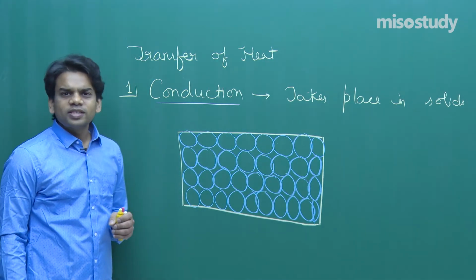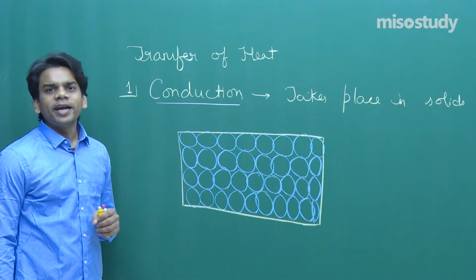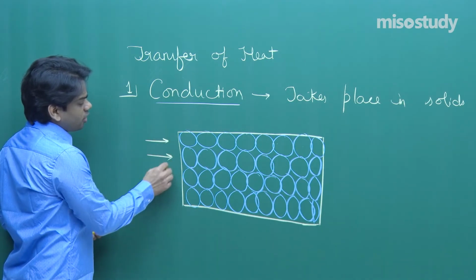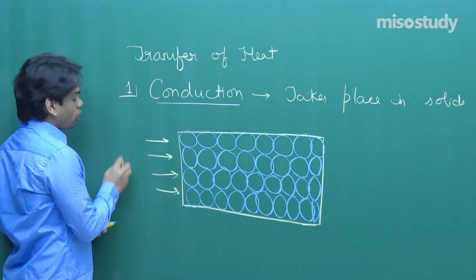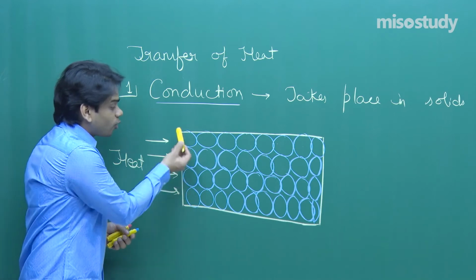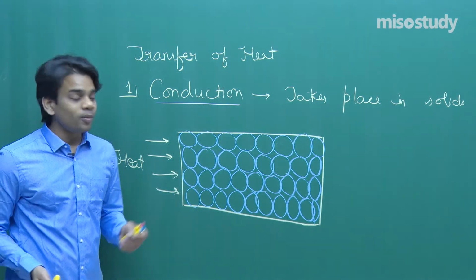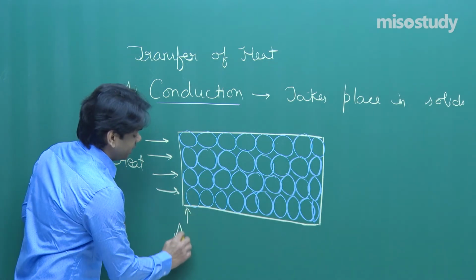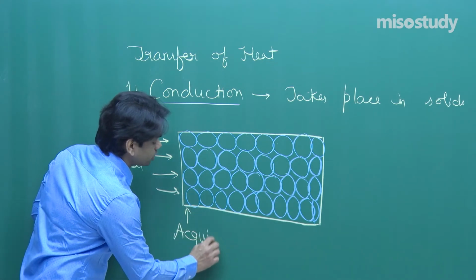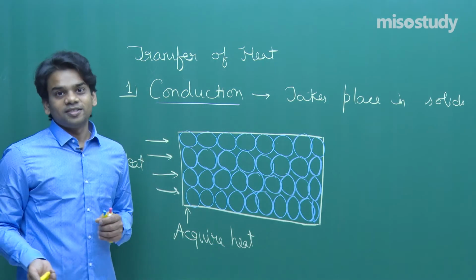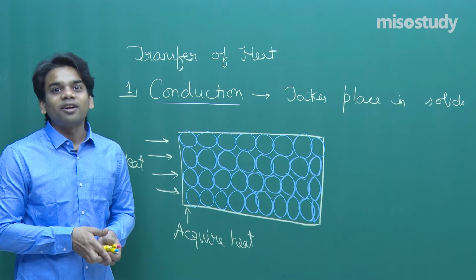Now suppose I start heating from one end of the solid object, providing heat energy from one end. Then what will happen? This end will acquire heat energy from the source, and its vibration will increase. That is, its rate of vibrating will be increased.